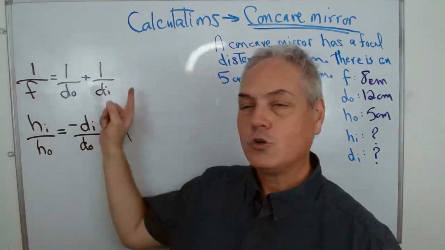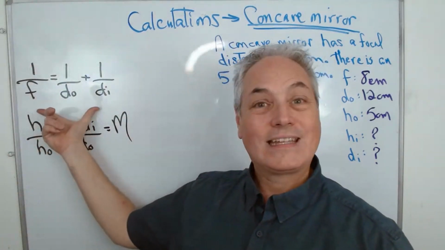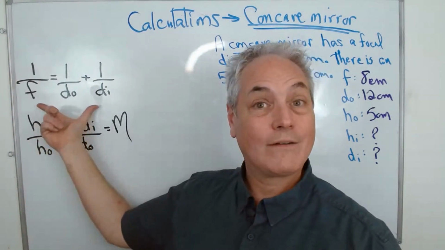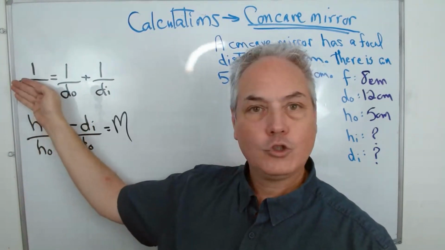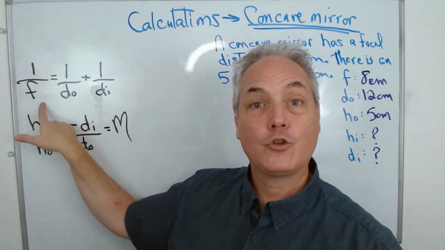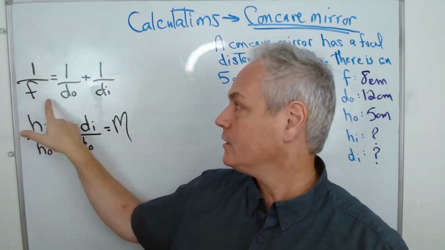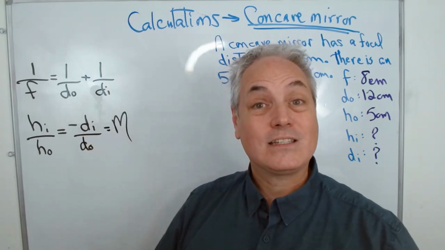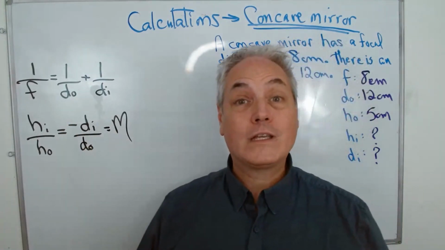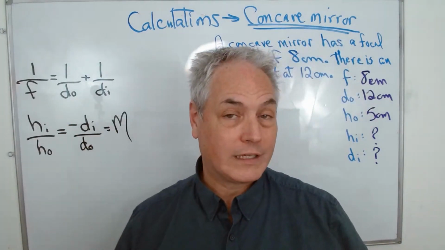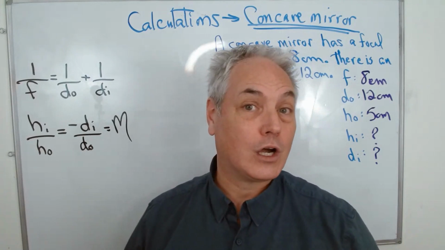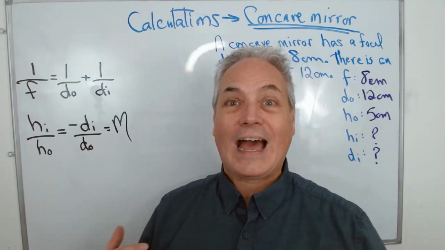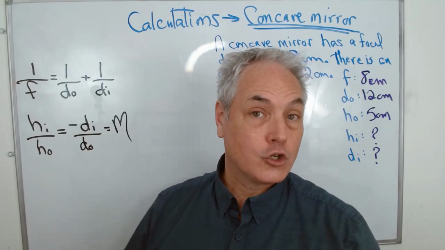What's beautiful with these equations is that each of them has a certain number of variables. If I have 3 variables and I'm given 2, I can certainly find the third one. If I have the focal point and the distance of the object, I can certainly find the distance of the image. But before we do the calculations, I'm going to do a quick drawing of how this will look, and that will give us clues about how our answers should be.